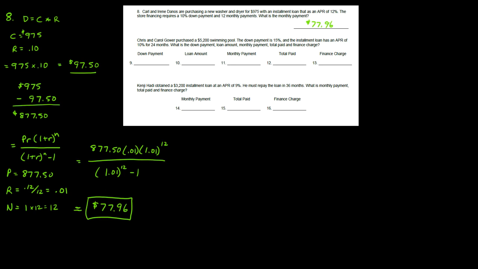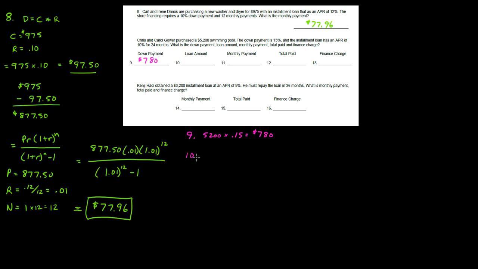So now we're going to look at 9 through 13. We just did a couple of these, so we'll go through them one at a time. Again, the down payment is cost times rate required down. In this problem, the cost of the item is $5,200 times the rate required down, 15%, written as a decimal. That looks like $780 for the down payment.